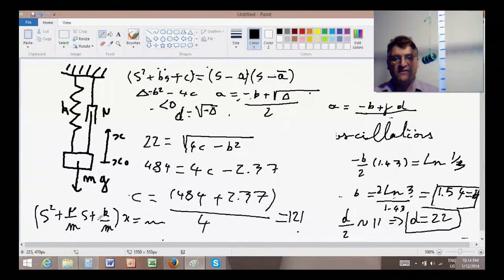Okay, so up to the mass of the thing, we actually do have an expression for mu and for k.